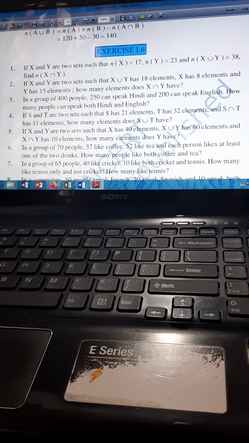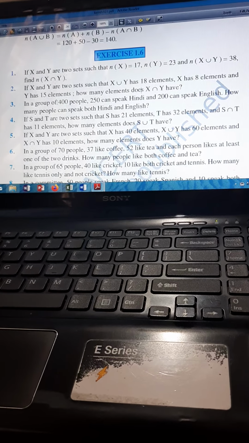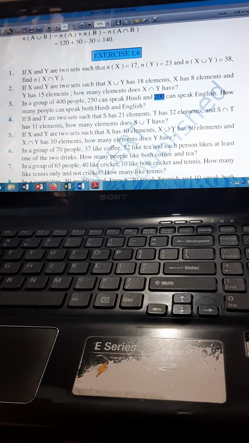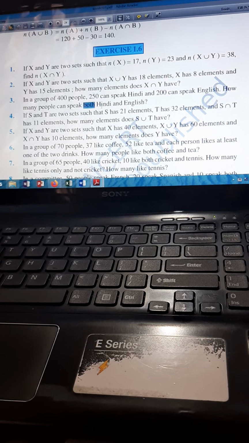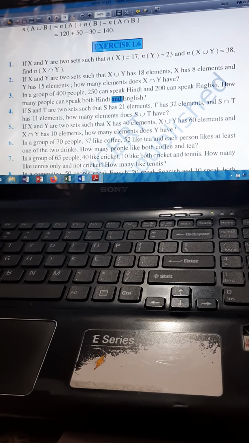We go to the third question, where in a group of 400 people, 250 speak Hindi, 200 speak English. You are asked to find the number of people speaking both. Here both means this, and you know and stands for intersection.